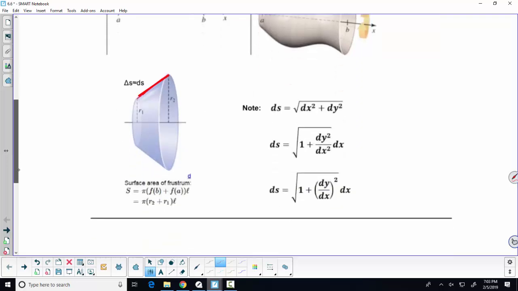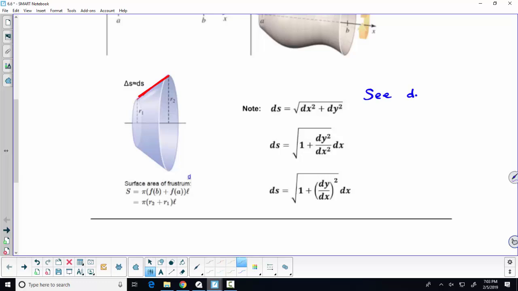Then they derive this based off the area of each one of those, because again we're slicing and summing. We'll have infinitely many of these in that sum. So you can go through that derivation if you want. I'll just put here: see derivation in text.